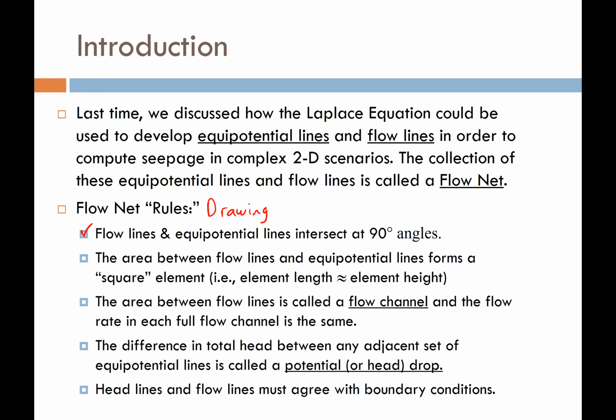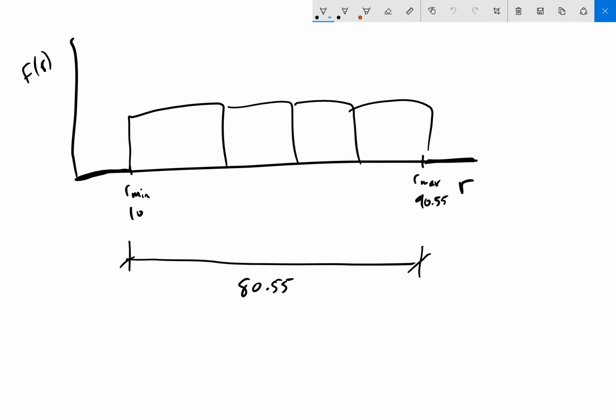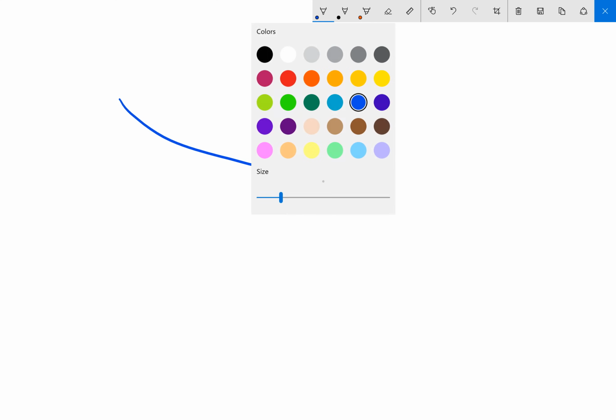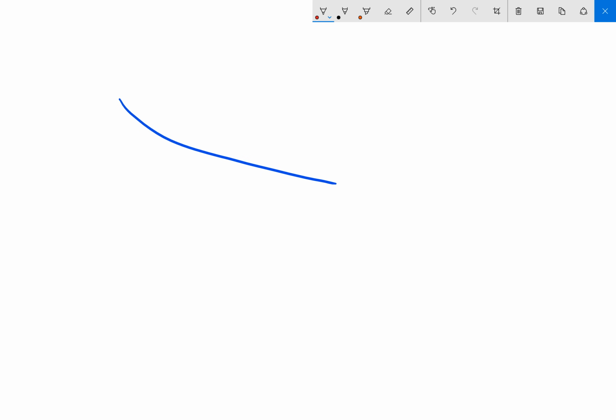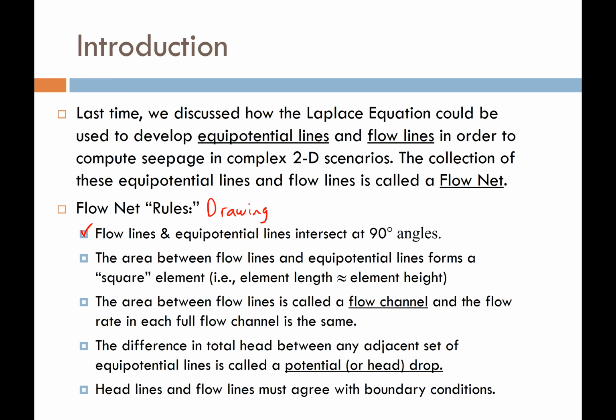So that means that, if I have, say, a blue flow line going like this, and then say I have a red equipotential line coming down, they have to try to cross at 90 degrees and then do their thing. Now, sometimes it takes your imagination to imagine that 90-degree perpendicular intersection, but that's really what we're shooting for.